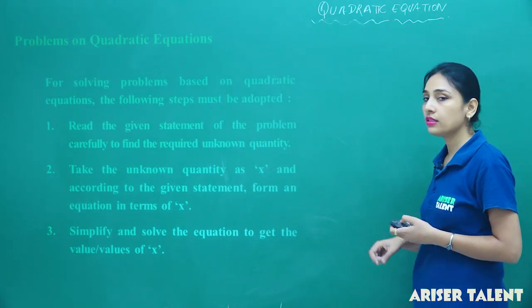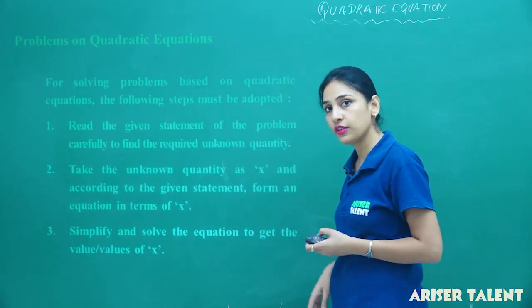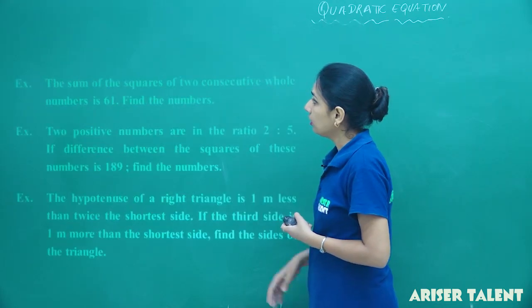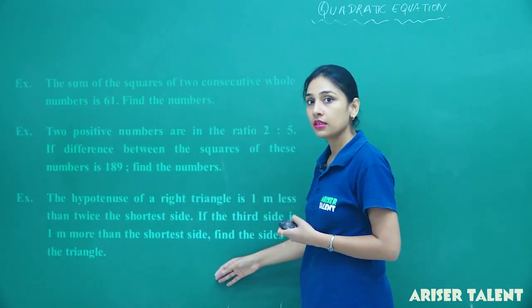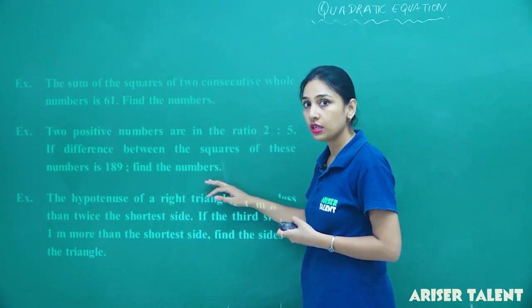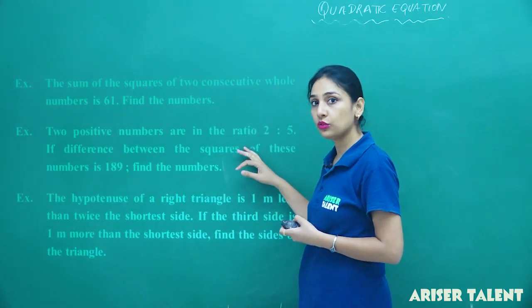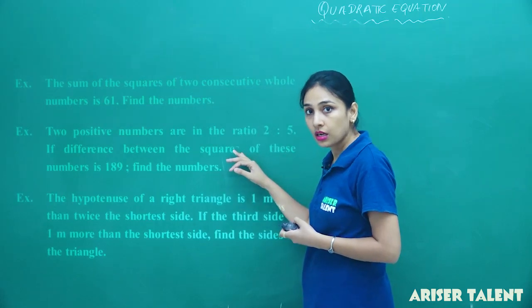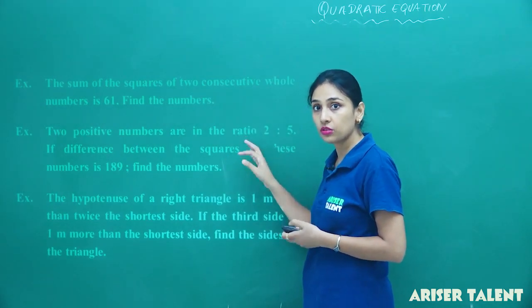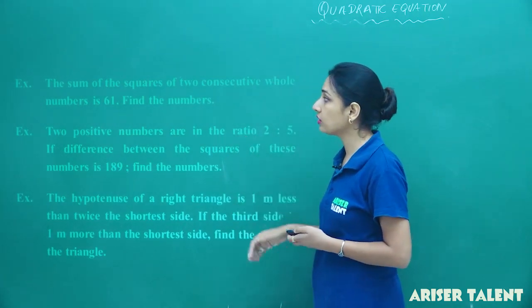Now, it's not like you will be provided with some equation also. You have some theory questions that you have to understand, and then you have to make the equations according to the statement given. So you should analyze what it is saying.